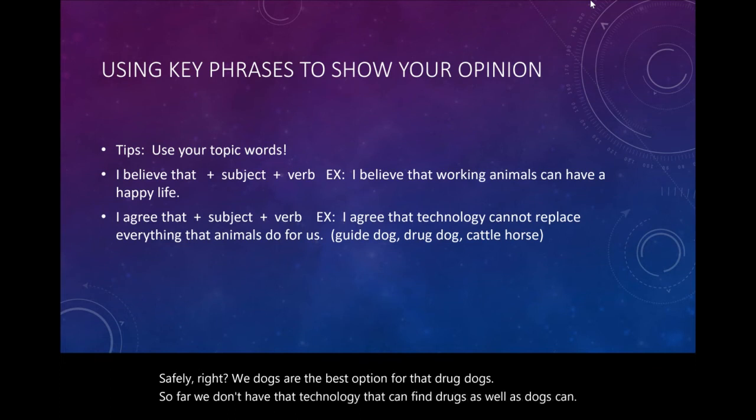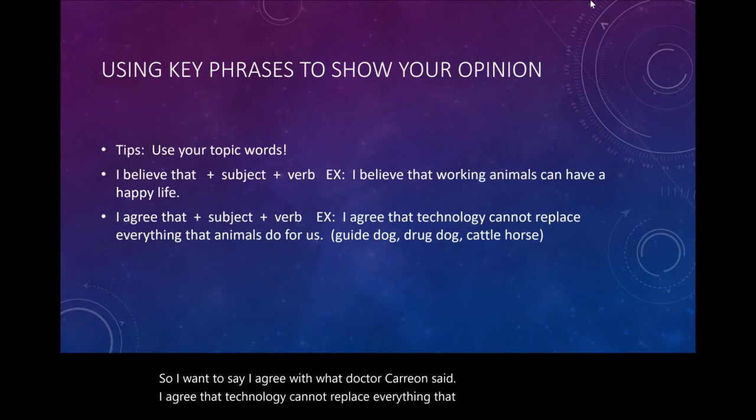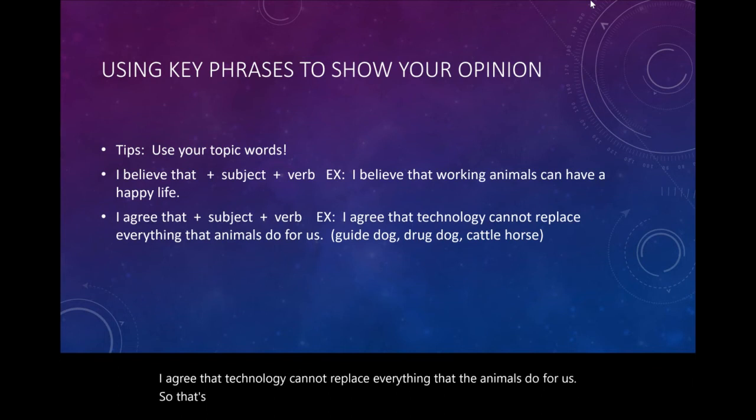So I want to say I agree with what Dr. Kurian said. I agree that technology cannot replace everything that animals do for us. Okay, so that's another way to share your opinion. Any questions about these, class?